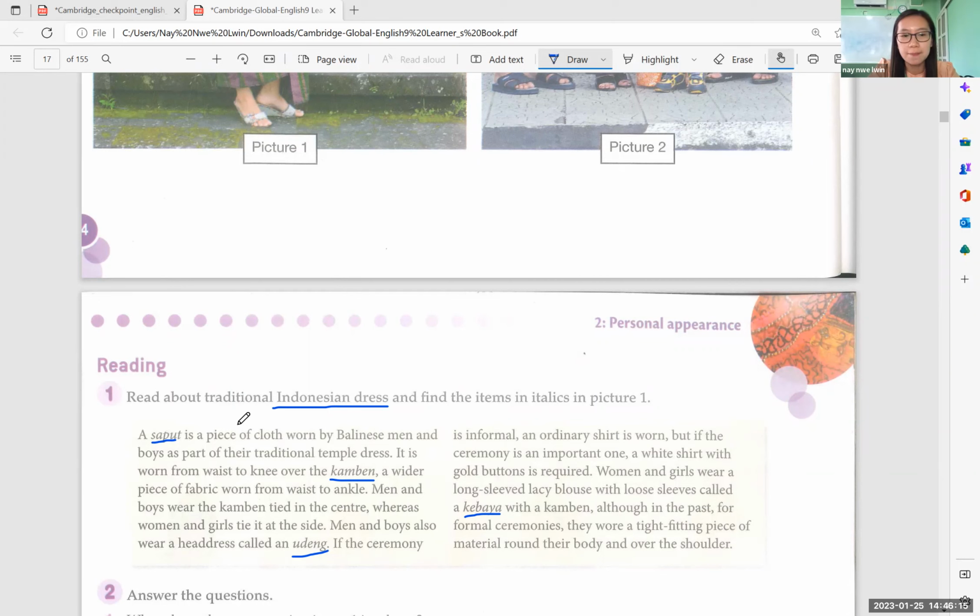What is a saput? It's a piece of cloth worn by Balinese men and boys as part of their traditional temple dress, and it is worn from waist to knee over the kamben. The kamben is a wider piece of fabric worn from the waist to ankle.